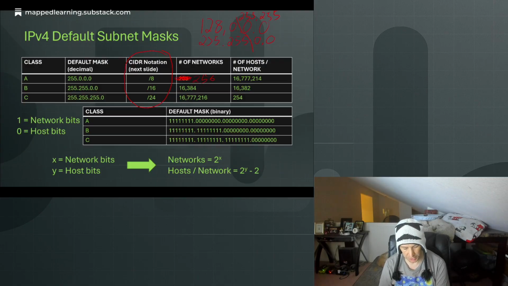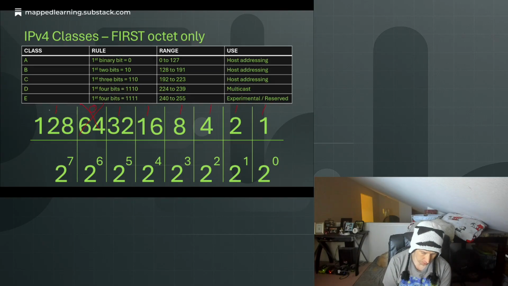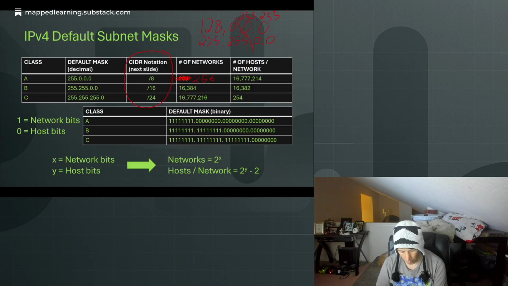So in a Class A, we take 2 to the 8th power, and if we remember from this scale here, we don't have 2 to the 8th here, but if you imagine doubling 128 to 256, this right here would be 2 to the 8th power. So that's why we have the number of networks here as 256.